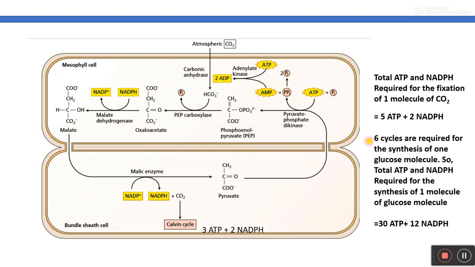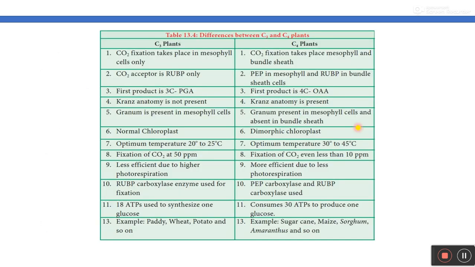So you will have to multiply this figure by 6, and when you multiply it, you get the total ATP and NADPH required for the synthesis of one glucose molecule, and that is 30 ATP and 12 NADPH required for the synthesis of one molecule of glucose in the C4 cycle, right? So this is all about the Hatch and Slack pathway or C4 cycle.